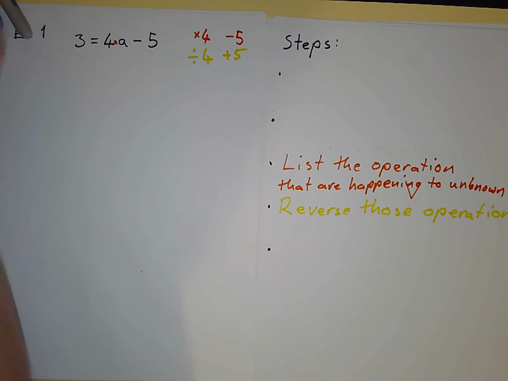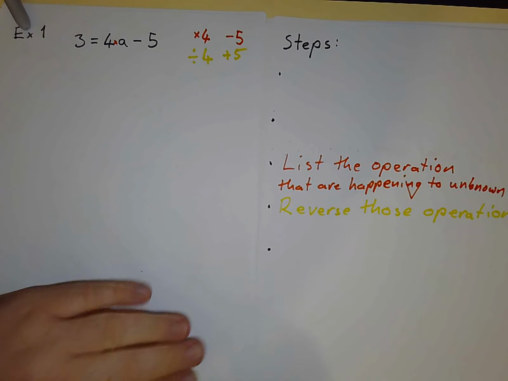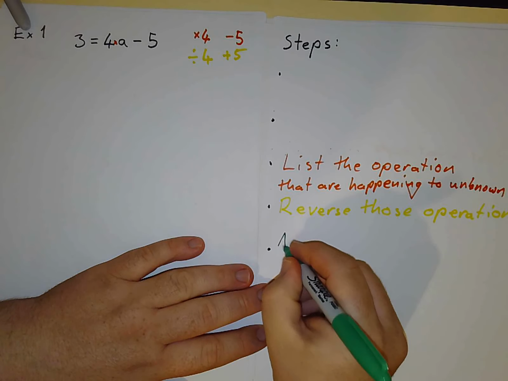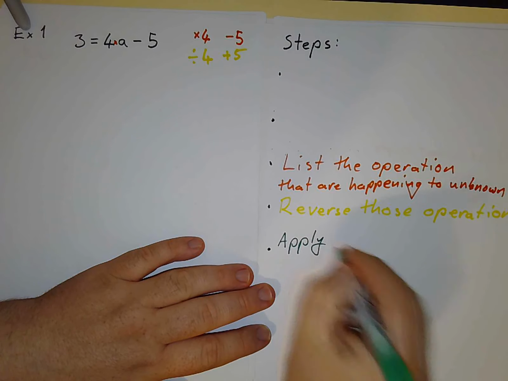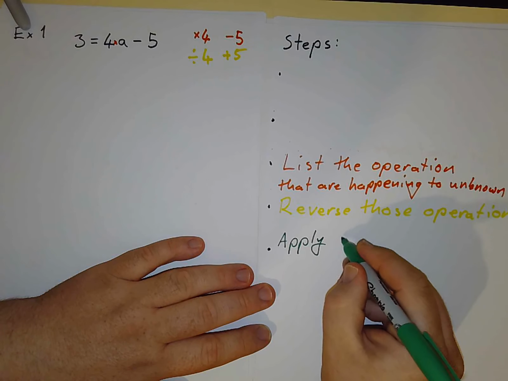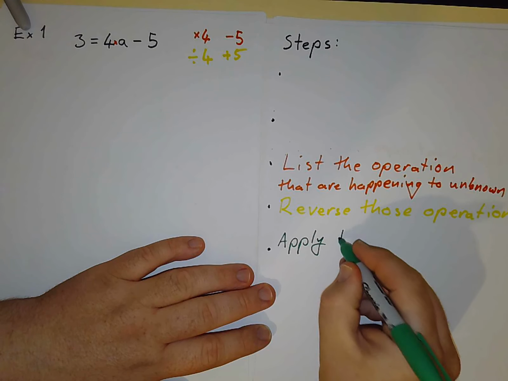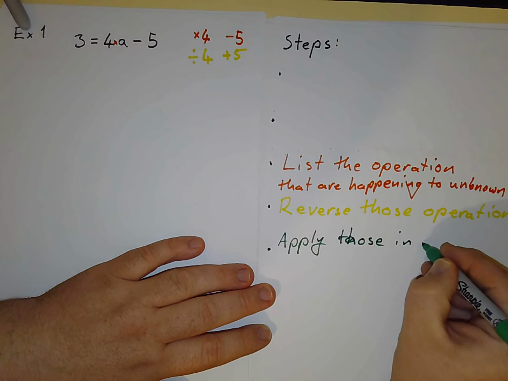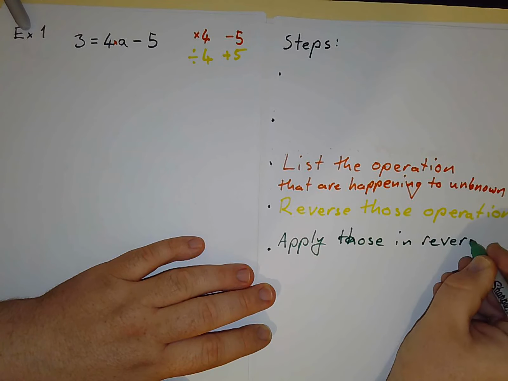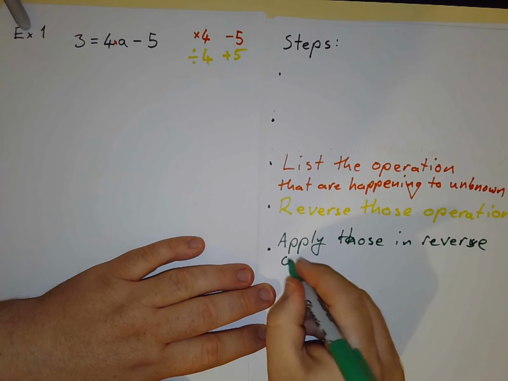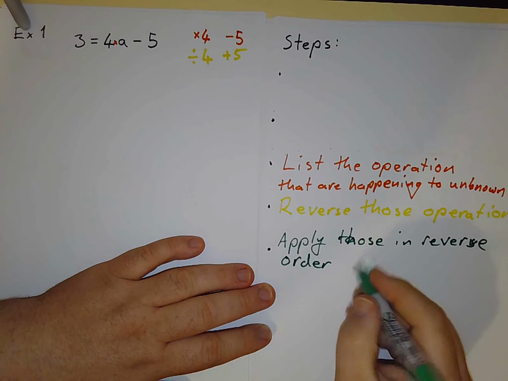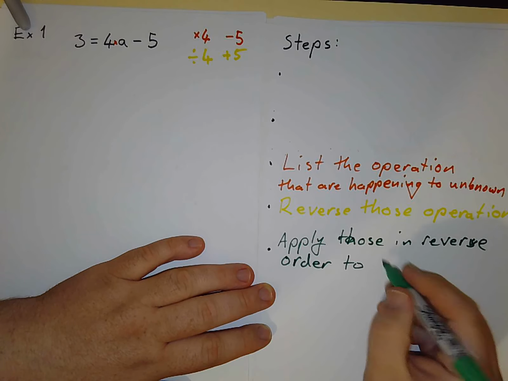So then we move on to our next step, and that is to apply each of those reversed ones in the opposite order to both sides of the equation. And it's really important to remember to do it to both sides of the equation. That's our golden rule really here.